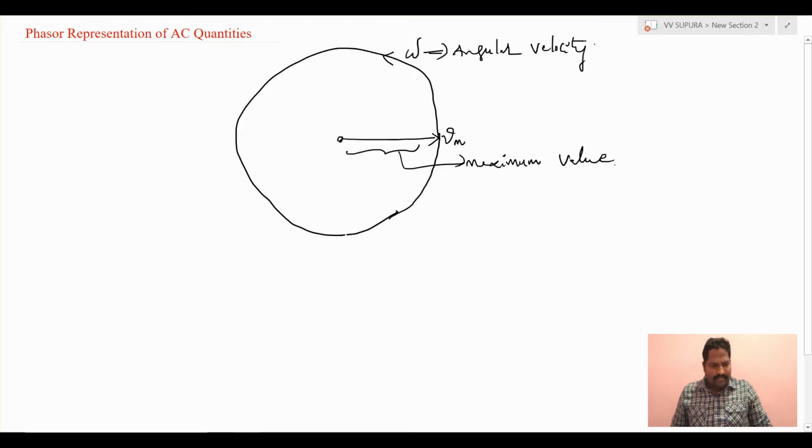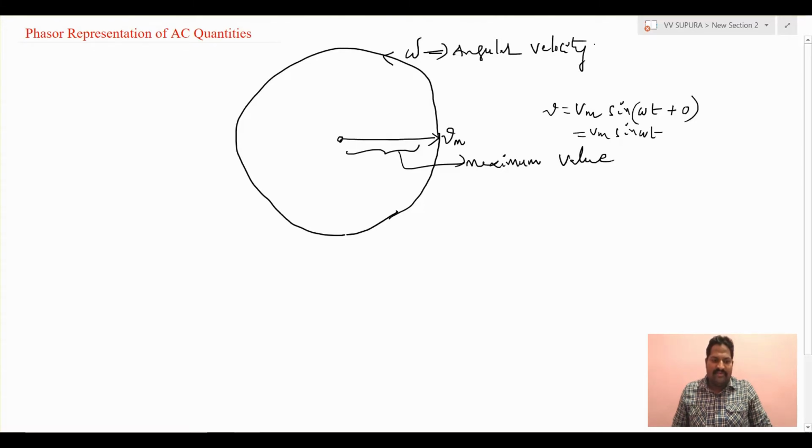Okay, so suppose it is making a zero angle, and the voltage is V equal to Vm sine omega t. Here it has angular velocity omega. If you write omega t plus 0, 0 is not a specific value, so I can write it as Vm sine omega t.